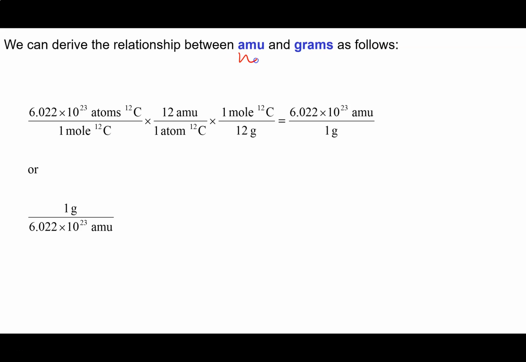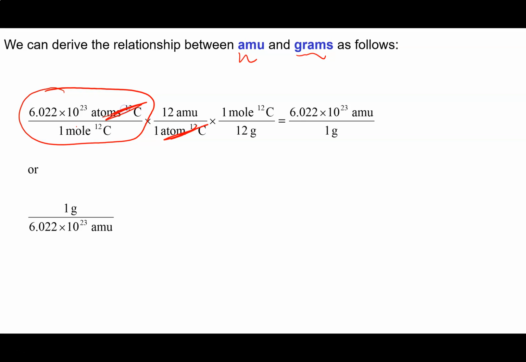Okay, AMU and grams are related to one another, and it's a pretty simple relationship to remember. If you remember that in an Avogadro's number of carbon atoms, we have 1 mole, and that will weigh 12 grams, you can get the relationship between AMU and grams. So in an Avogadro's number of carbon atoms, we have 1 mole of carbon atoms. We also know that there are 12 AMU for every 1 atom of carbon-12.